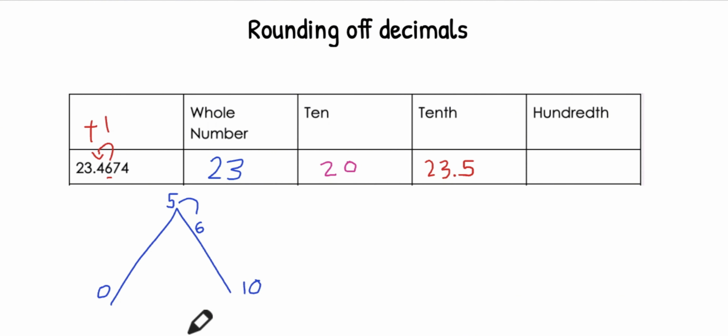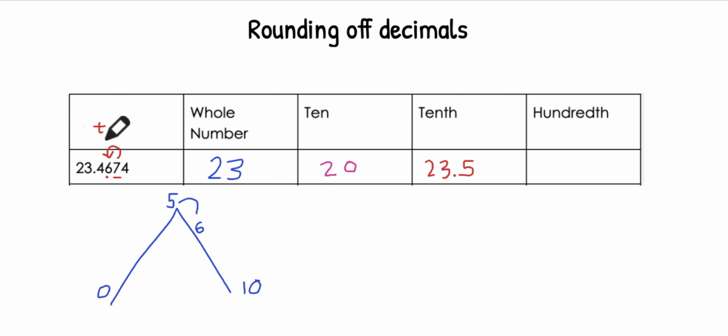Alright? Cool. We move on to round off to the nearest hundredth. The hundredth is the second thing after the decimal point. So we look at what is behind it. That is the 7. We ask ourselves the same question: is 7 above 5? Yes, it is. Since it's above 5, it adds 1 to that hundredth.